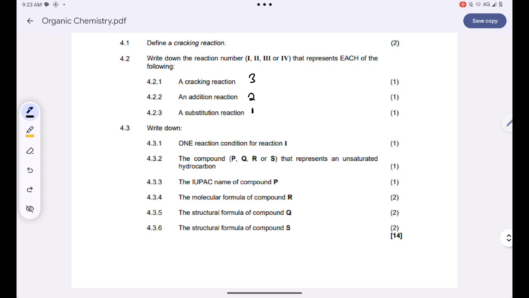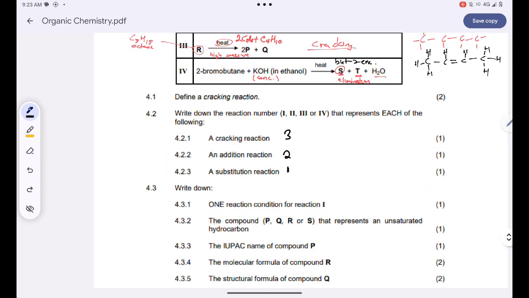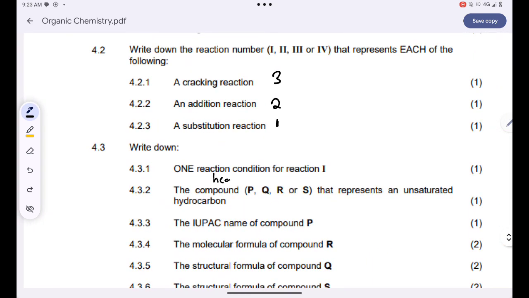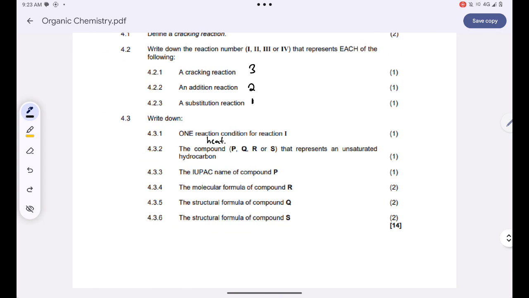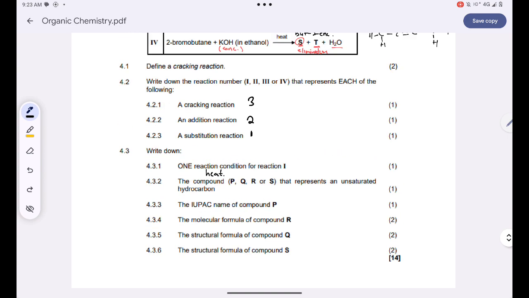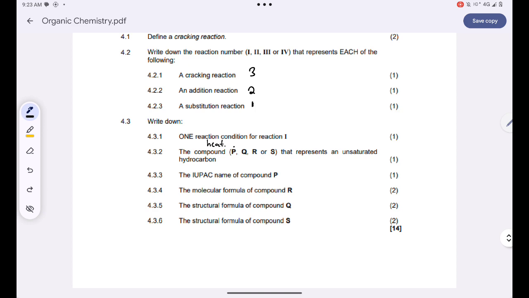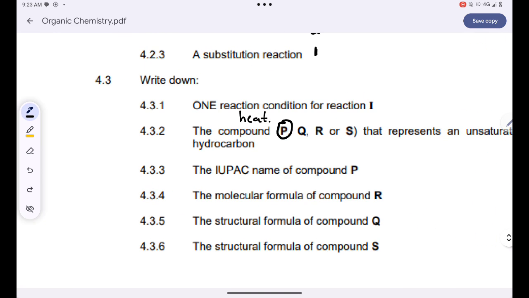Okay, write down one reaction condition for reaction 1. For reaction 1, you only need heat. Okay, write down the compound that represents an unsaturated hydrocarbon. An unsaturated hydrocarbon is compound P, guys, and its IUPAC name is just ethene.